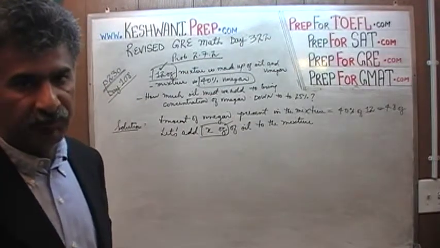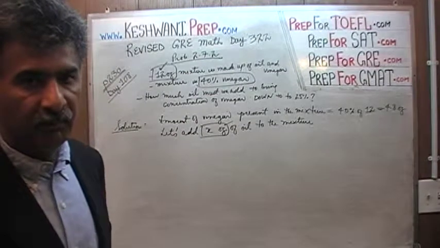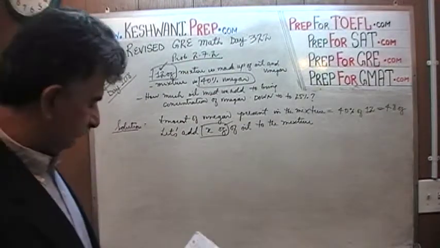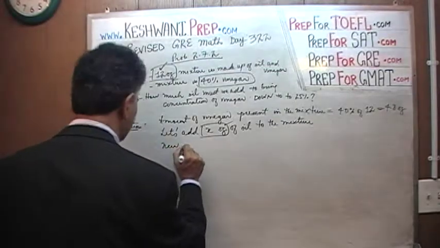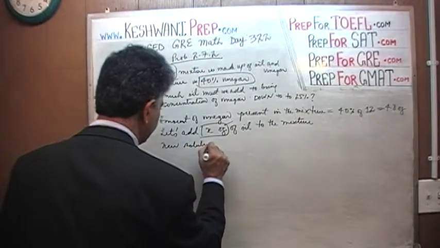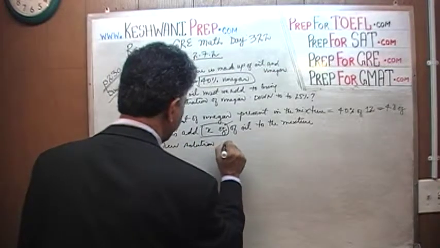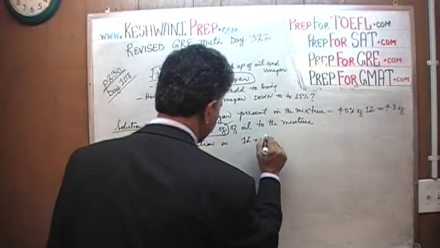So the new solution is 12 plus X ounces.